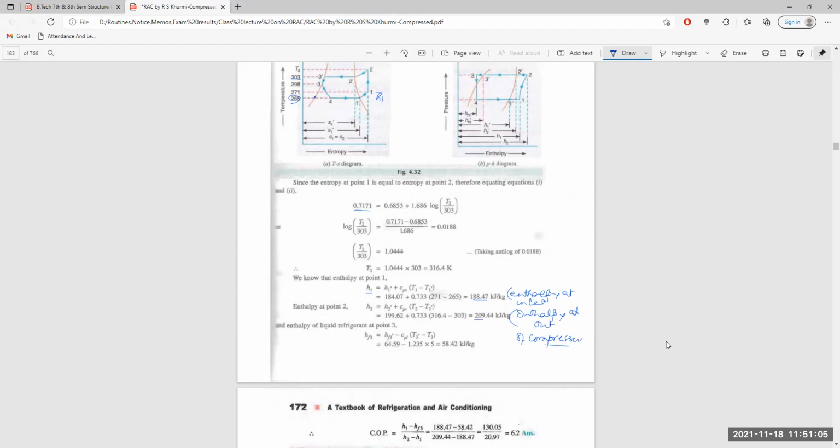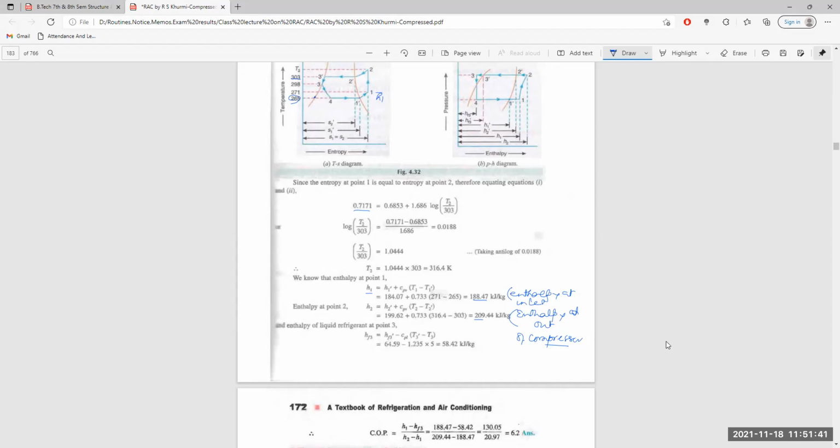Next, enthalpy of liquid refrigerant at point 3. How will you get it? We know the enthalpy of the liquid refrigerant at point 3 will be equal to the enthalpy of the liquid refrigerant at point 3 dash, which is known to us, the enthalpy of the liquid refrigerant at condensation temperature, HF3 dash, which is given as 64.59, minus the specific heat of the liquid refrigerant, which is given as 1.235, multiplied by the fall in temperature from T3 dash to T3.